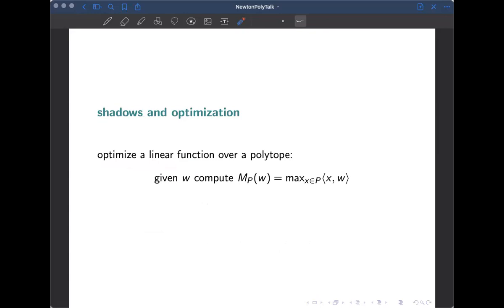Here we want to optimize a linear function, to find the maximum of a linear function over a polytope P. This is the direction, and this is the polytope, and this number is the maximum of this linear function over the convex polytope P. This is a very standard optimization problem.